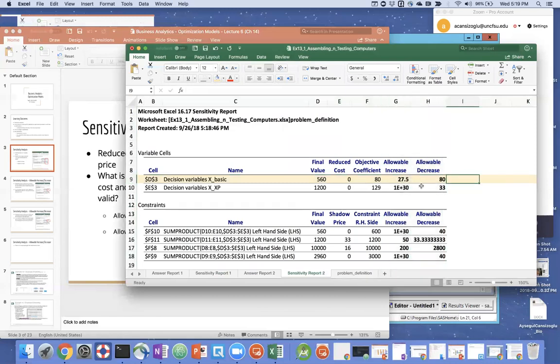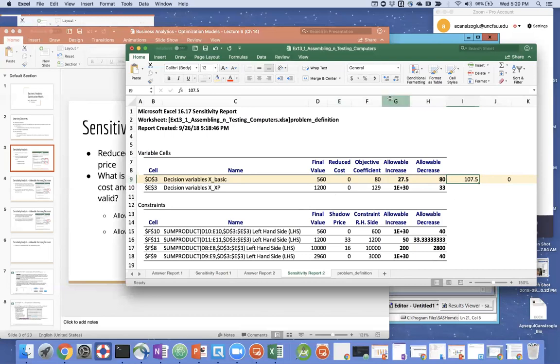It says if we increase the objective function coefficient by 27.5, so we make it 107.5, or if we decrease by 80, which means we make it 0, so within this range from 0 to 107.5, the decision variable X basic is still going to be a positive number. It may not be exactly 560, but it's still going to be positive.